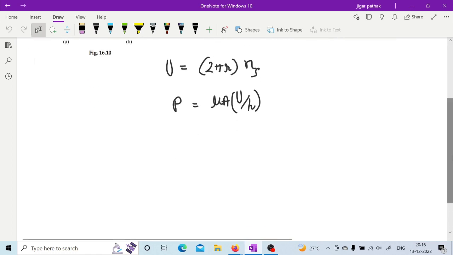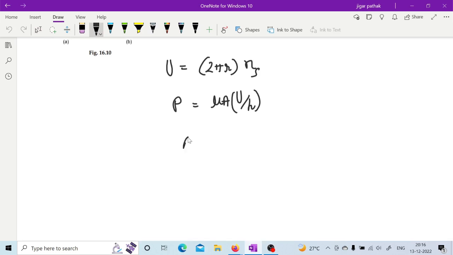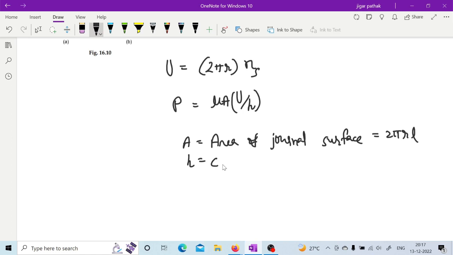But the area of the journal surface, that is pi dl, that is 2 pi r into l, is the surface area. Then the surface velocity, as we already mentioned, is 2 pi r ns, and h is nothing but the distance between journal and bearing surface, that is clearance, so this h is nothing but c.